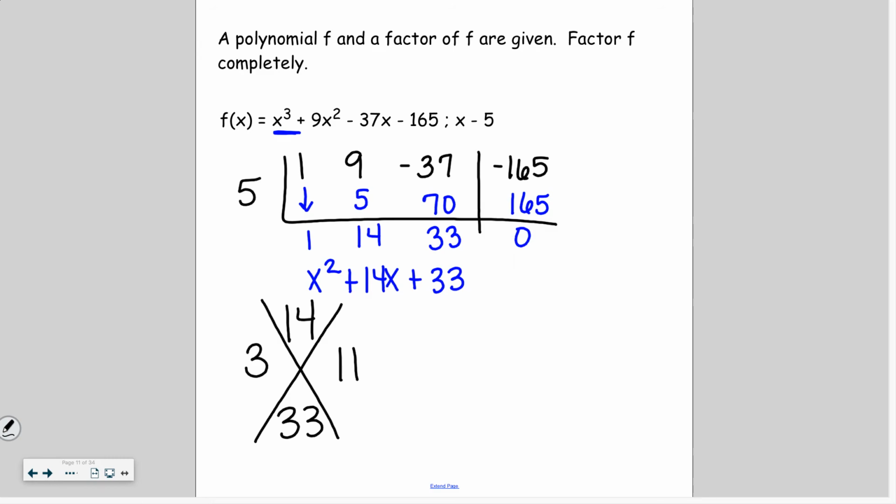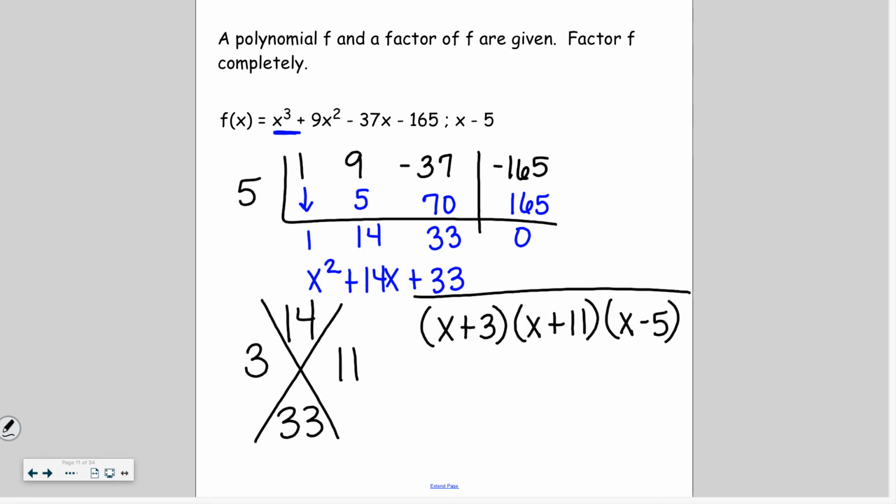If I multiply those, I get 33. So my factors are x plus 3, x plus 11. And then I don't want to forget the factor that was given to me, so x minus 5. I have factored it completely. Okay? So we used 2 things that we did last unit to be able to factor completely. Okay?